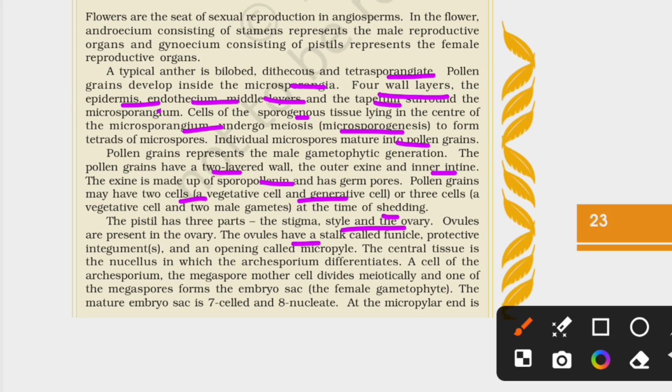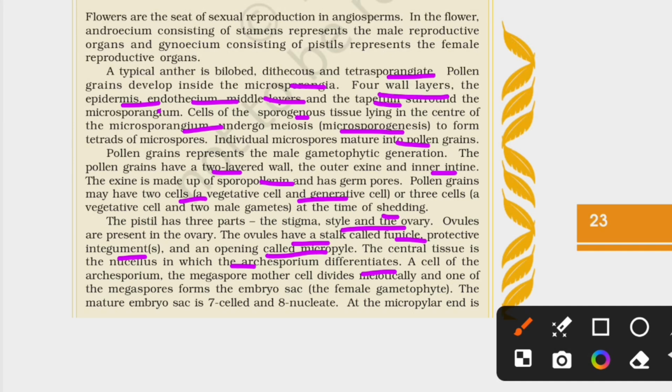The ovule has a stalk called funicle, protective integuments and an opening called micropyle. The central tissue is the nucellus in which the archesporium differentiates. A cell of the archesporium, the megaspore mother cell, divides meiotically and one of the megaspores forms the embryo sac.